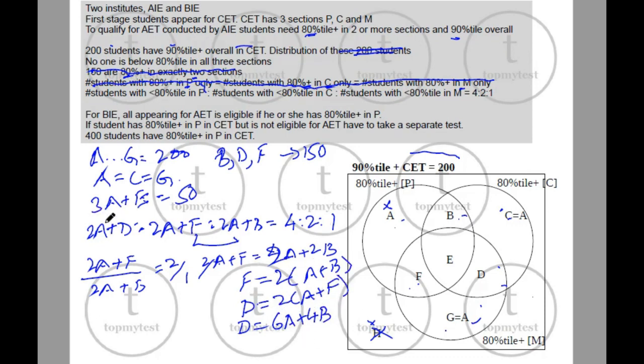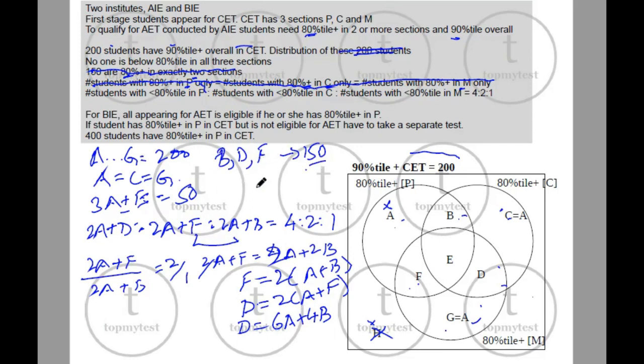Okay, so we have one relation on A and E. And we also know the total number of students is 200. So let's put them all together in the main relation, which is A to G is 200. So when you add A, C, G, that will be 3A plus E. Okay, so if you put this back, B plus D plus F is 150.